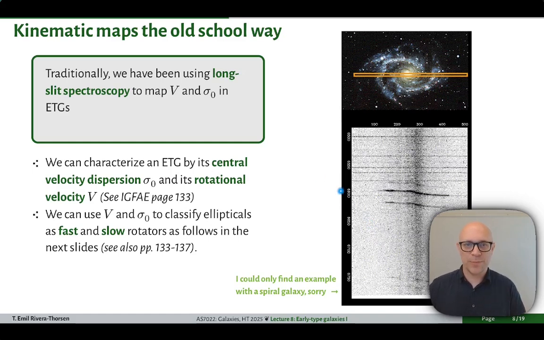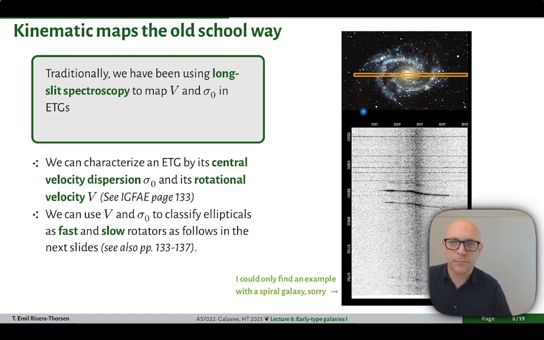The main principle that we need to look into here is that we can see that there is a shift in the centroid of the lines. We should remember that what we're looking at is this here. The vertical axis is the wavelength axis, and the horizontal axis is the spatial axis along the slit.